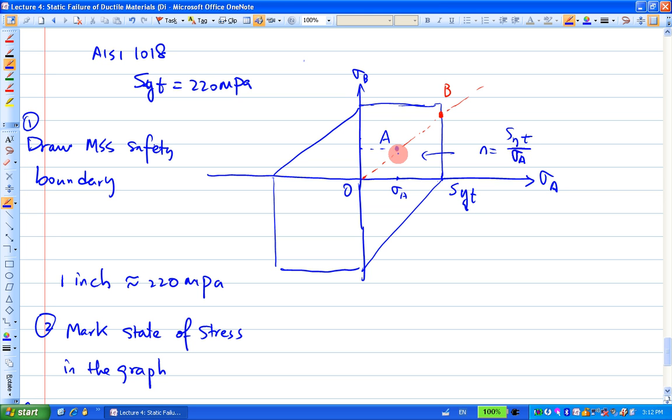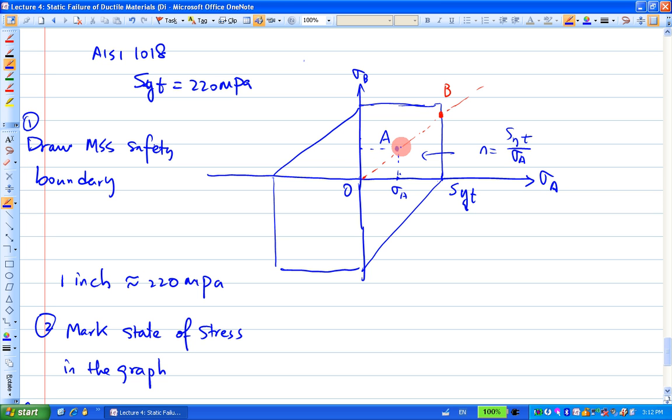So now let's look at middle school geometry here. If I connect, this point has coordinate sigma A. So you connect this, and that's the point here. Now look at this triangle. What's the high school thing here? Similarity.